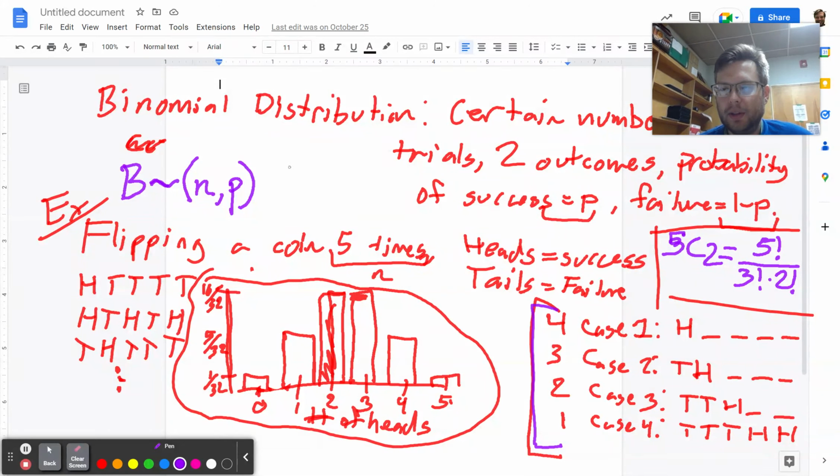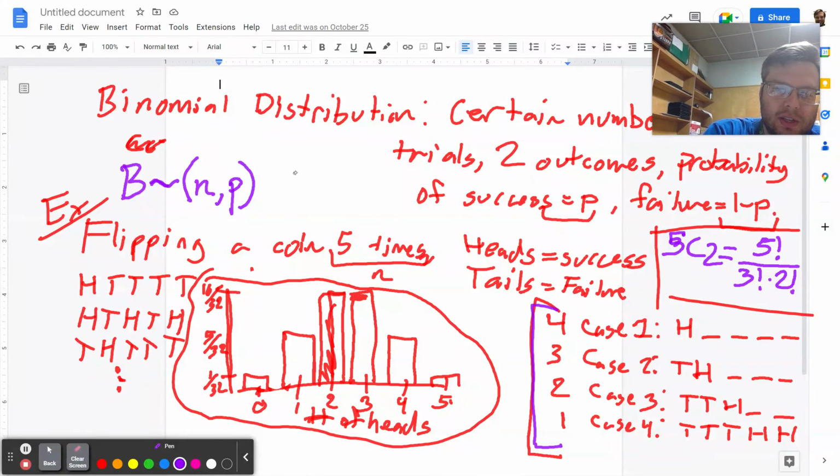If I care about when there's K outcomes, then the probability that you get K outcomes is going to be N choose K times P raised to the K times 1 minus P raised to the N minus K.